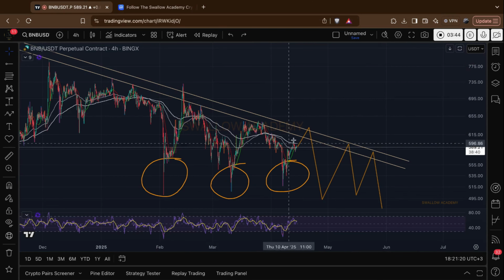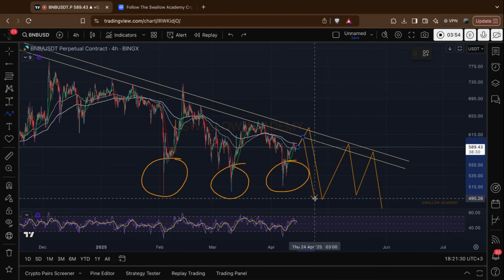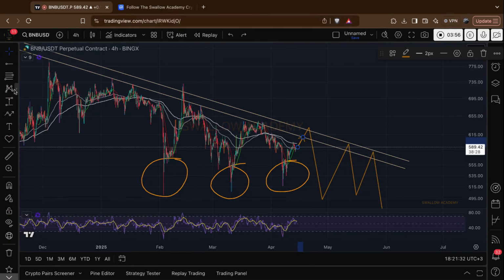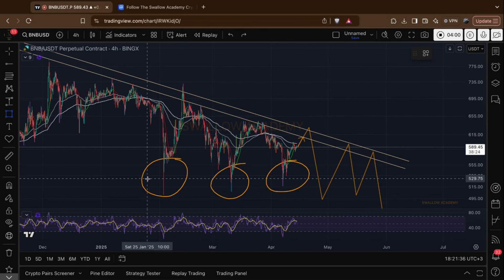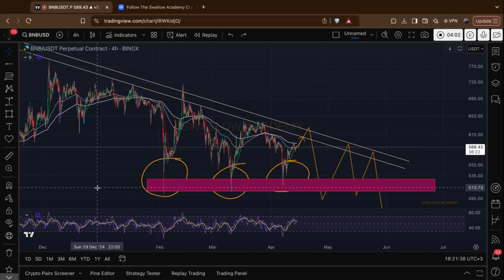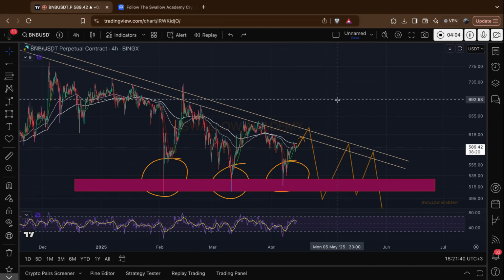We are here right now, we may see another bounce to this zone, and this would be a selling opportunity towards this area here, a liquidity sweep area, let's call it this way.